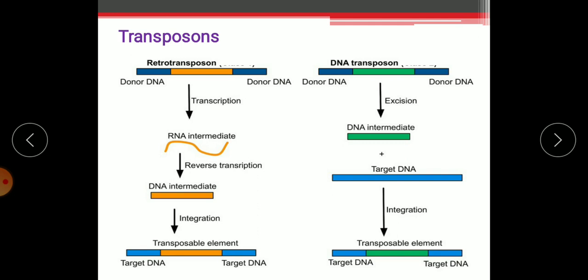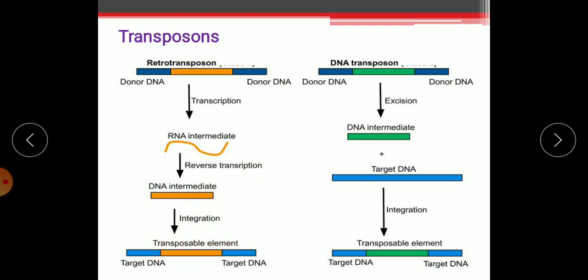But in the case of the retrotransposon, from the donor DNA, first it is transcribed to an RNA intermediate. Then with the help of reverse transcription, it forms a DNA intermediate. Then it is integrated into the target DNA and becomes the transposable element.